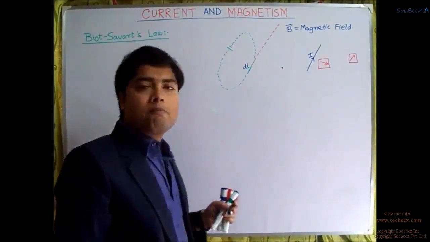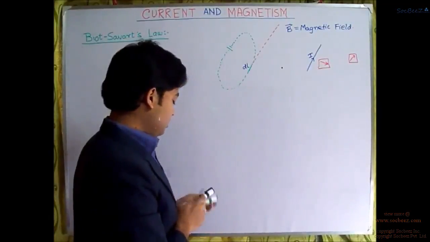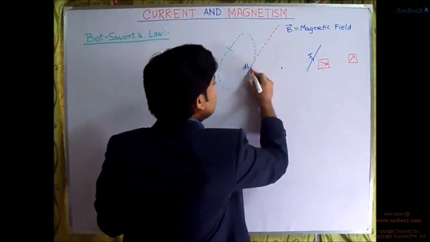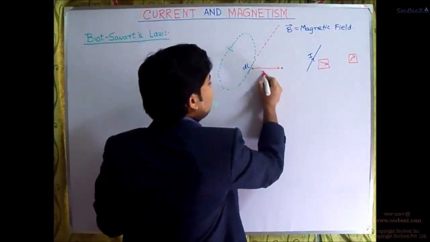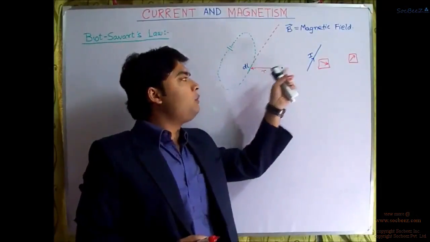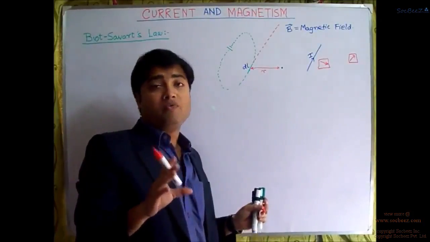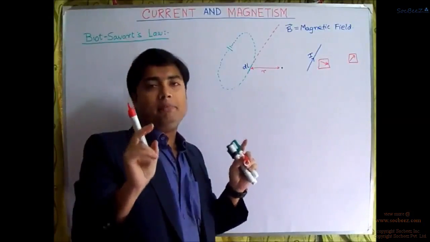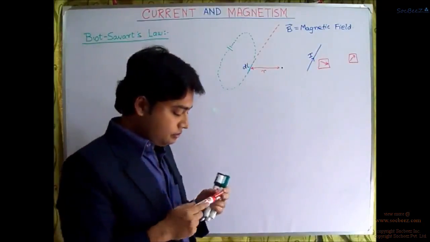Then the distance from dl to the point where this mariner's compass is kept, let this be small r. So we are going to find out the magnetic field at this particular point, which is kept at a distance r from this dl.